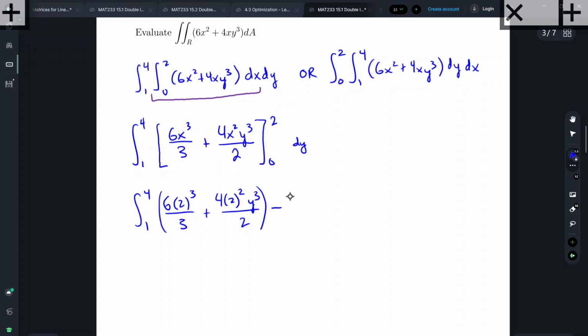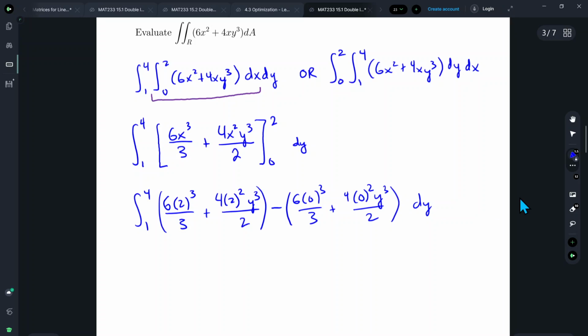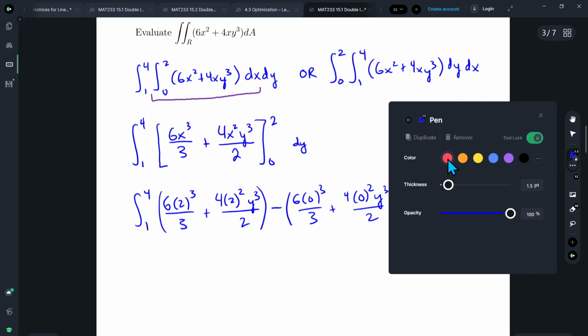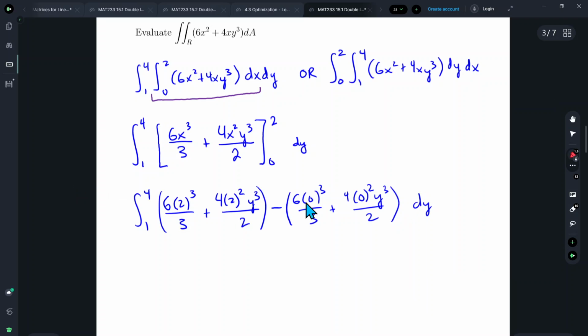And then minus, now I plug in the bottom number in for x: 6 times 0 cubed over 3 plus 4 times 0 squared y cubed over 2. Luckily when you plug in 0 here, this is just 0, and this makes the whole thing 0. So this whole thing goes to 0.